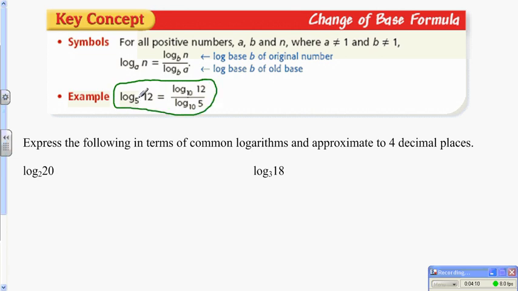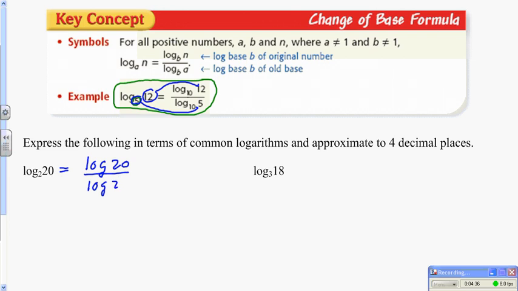Here we have a log of base 5. The calculator can't do it. But your calculator can do log of 12 divided by log of 5. And your calculators are in base 10 for this, and you can get an answer. So this one would be done by taking log of 20 and dividing by the log of 2.